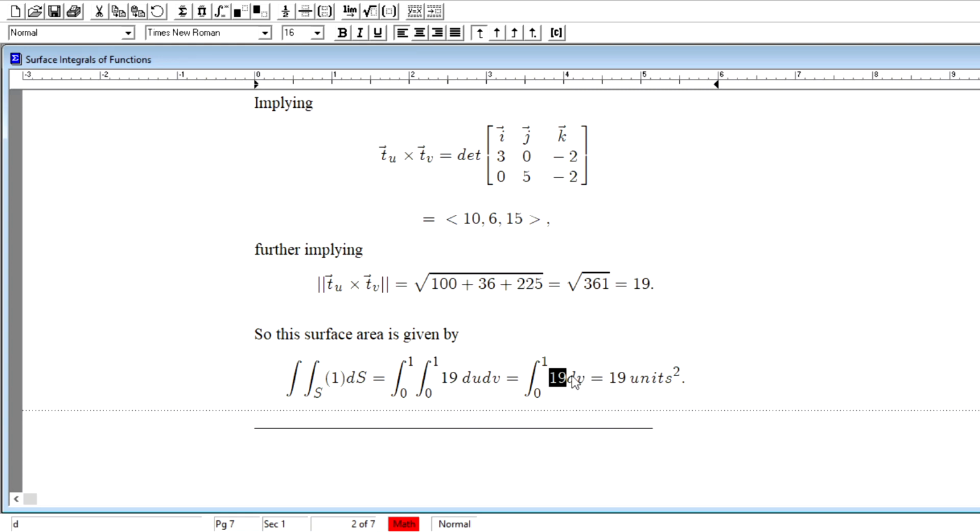When 19 is evaluated with respect to v, it's 19v, and across the bounds from 0 to 1, again it becomes 19.